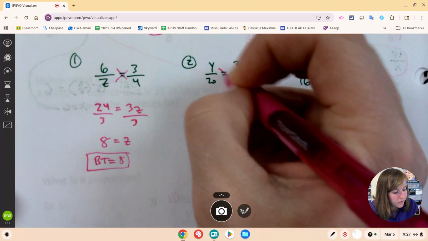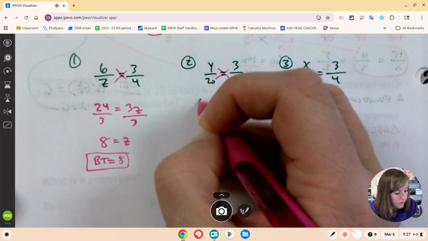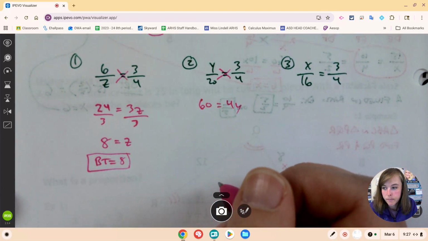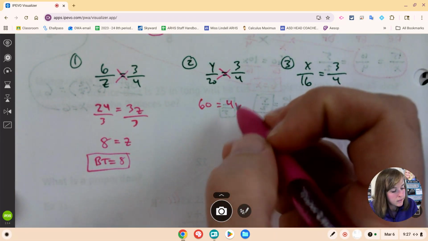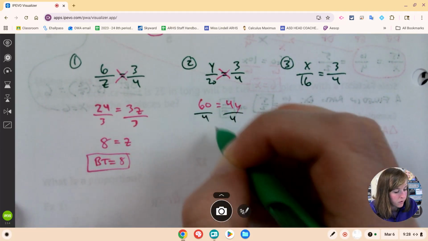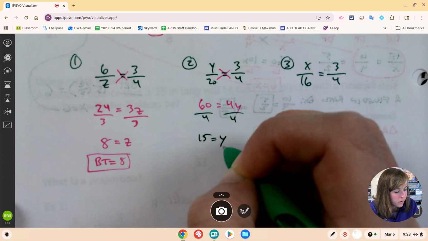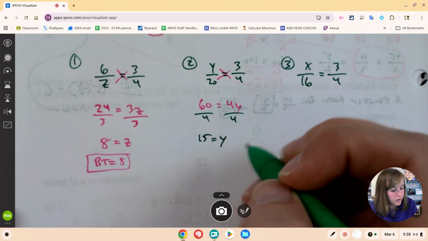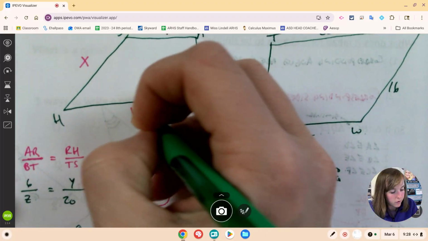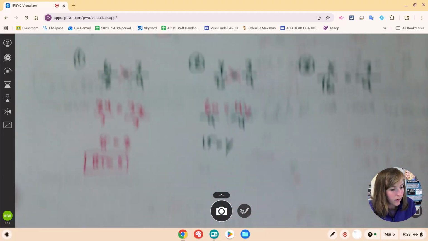All right, doing the same thing here. 60 equals 4y. And then divide by 4. So y is 15. And so then if we look at where y was, y was HR, so HR is 15, or RH.